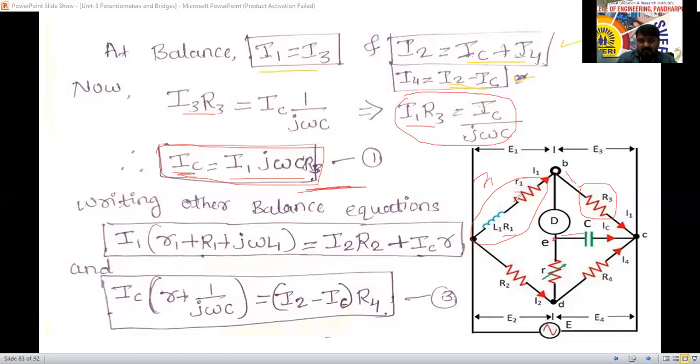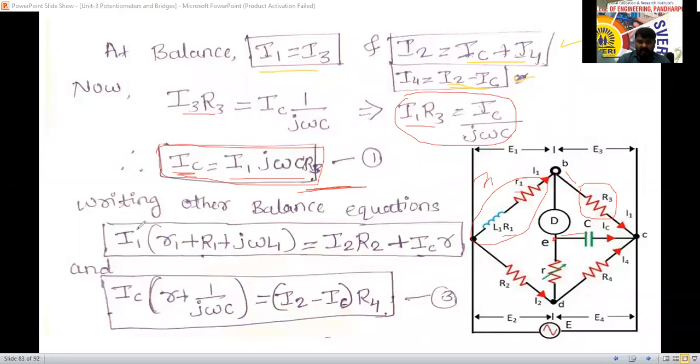Just analyze this one. Check whether it is correct or not. The potential drop across AB equals I1 Z1 first.